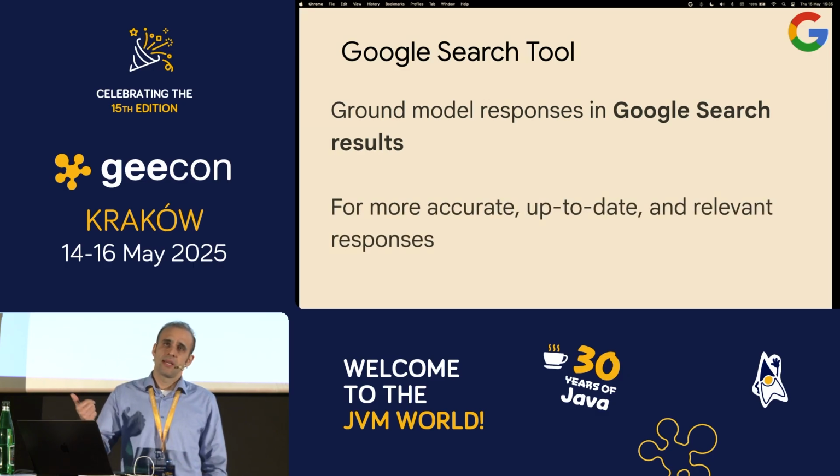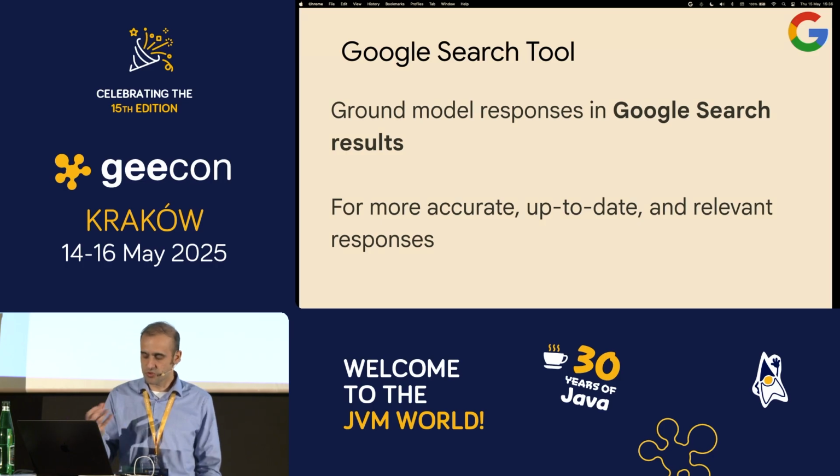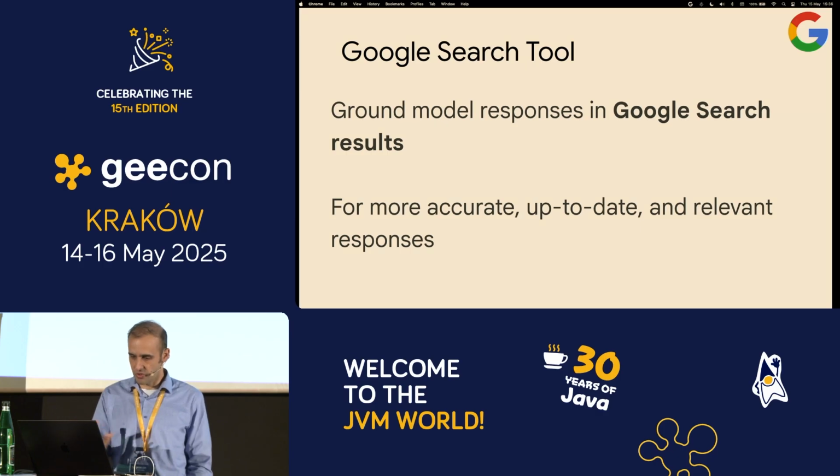Number one, it augments your LLM with more recent data, right? Because Google Search has data from, say, yesterday or today. And it also allows your LLM to check its responses against Google Search. So with that, it tends to hallucinate less because it can use Google Search for its grounding.